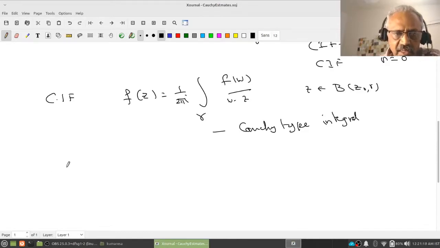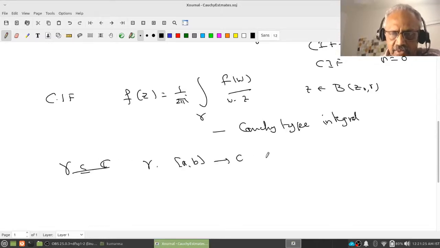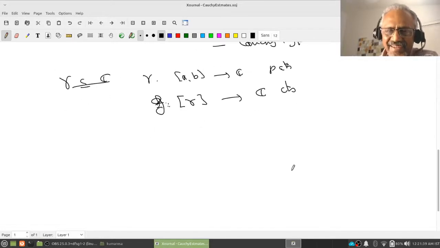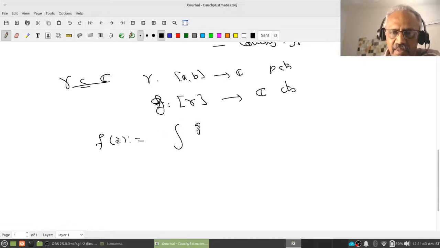Let us recall, if gamma is a path in C, gamma from [a, b] to C, a path, and g is a continuous function on the path gamma, this is different from my earlier notation, then define f(z) equal to the integral over gamma of g(w) by (w minus z), where z is not on gamma.